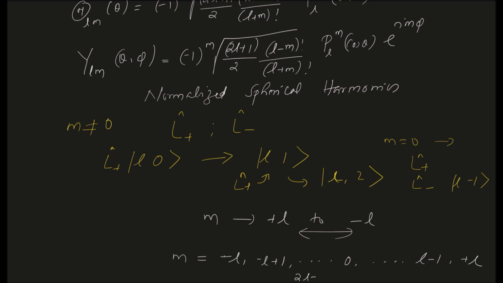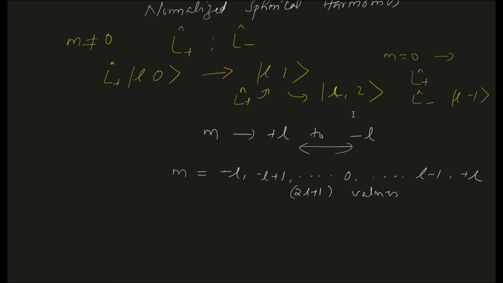So there can be 2L plus 1 values in general. Okay, so what we have seen is that we have two quantum numbers in the orbital angular momentum case. The quantum number L, which can have integer values 0, 1, 2, 3, etc., and its projection, which is called the magnetic quantum number m.